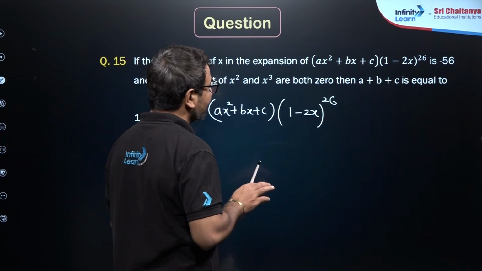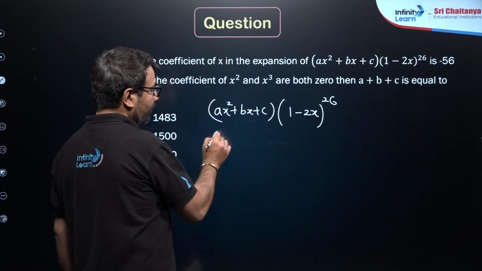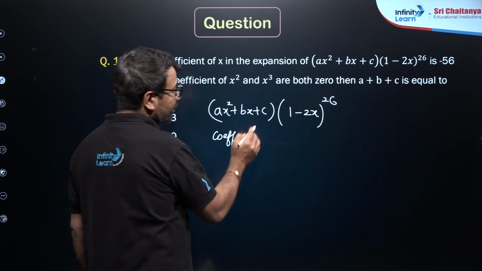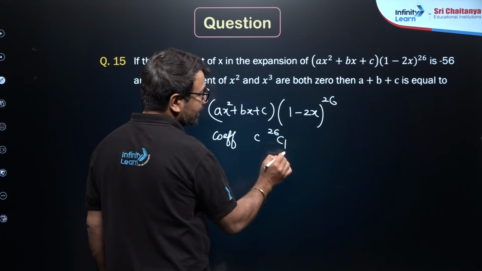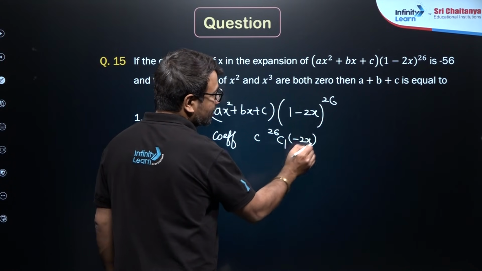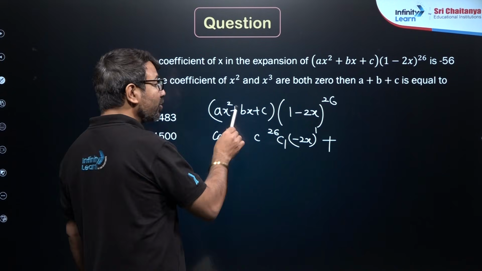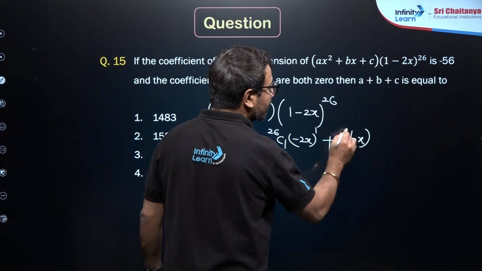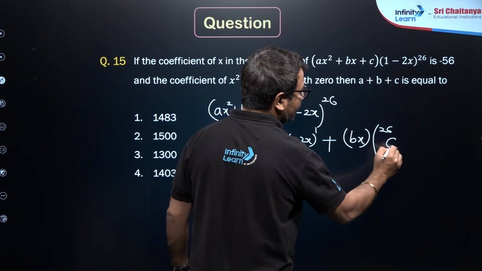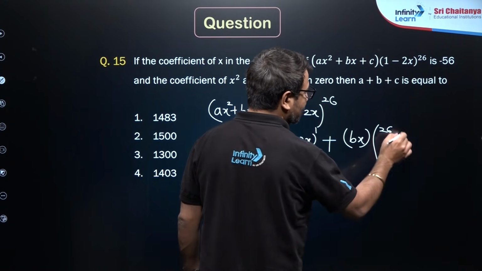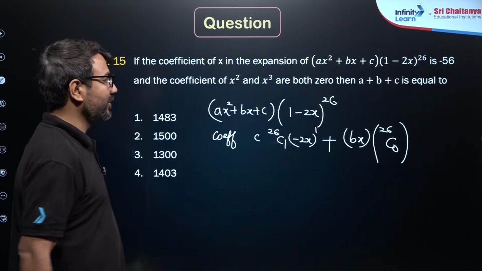So there are possibilities of getting the coefficient of x in two ways. You take a constant term from here, and from here you write 20C61 (-2x)^1. Or you take bx from here, and here you take the constant term 26C0 and then (2x)^0, so there is no need of writing that.